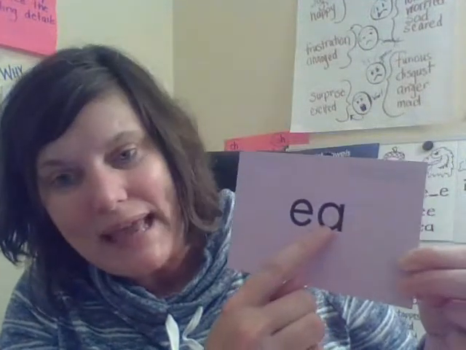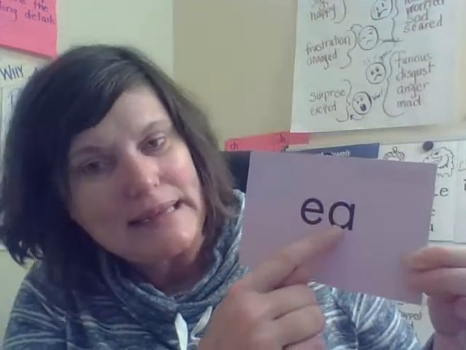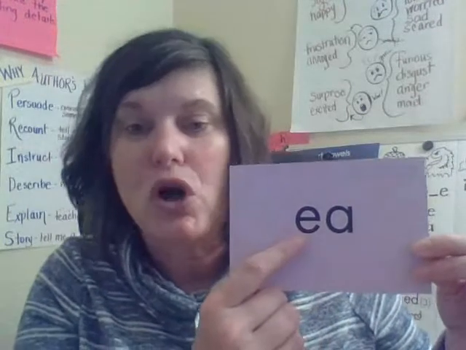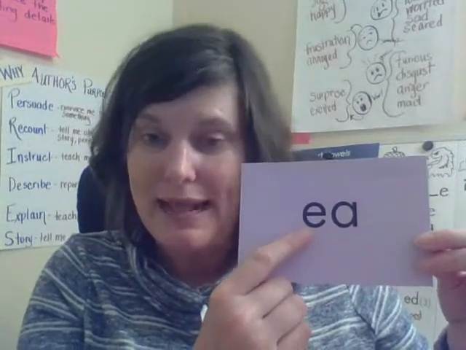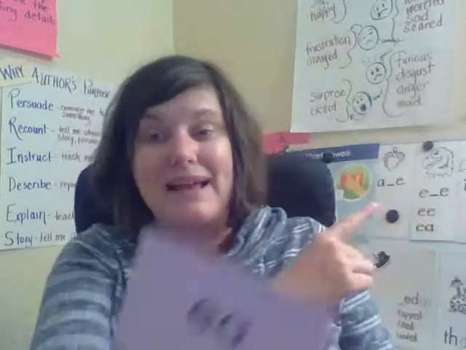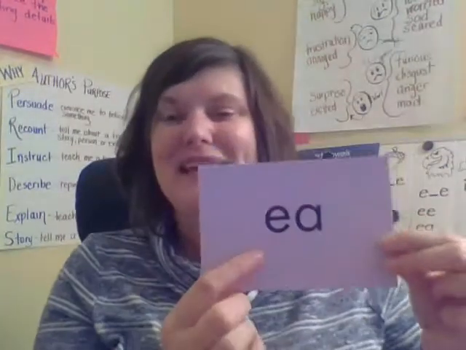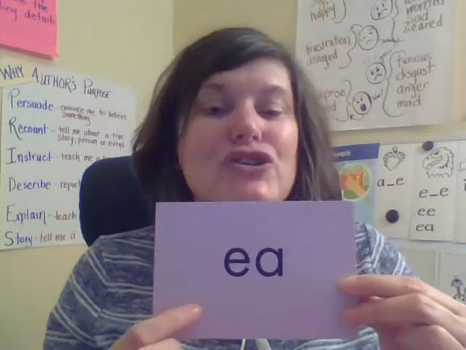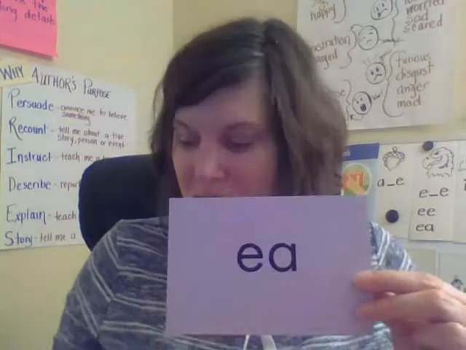So in this case, this A is silent. It's a helping vowel. And the first vowel is going to talk or say its long name, which is E, like eagle. So this says E. Together, E. Your turn. Good job.